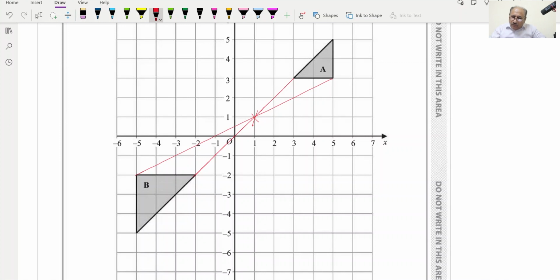And one more thing we can figure out, this base is 2 units, whereas this base is 3 units. So this is by scale factor 1.5, and it is on the other side of the center of enlargement, so it will be minus 1.5.